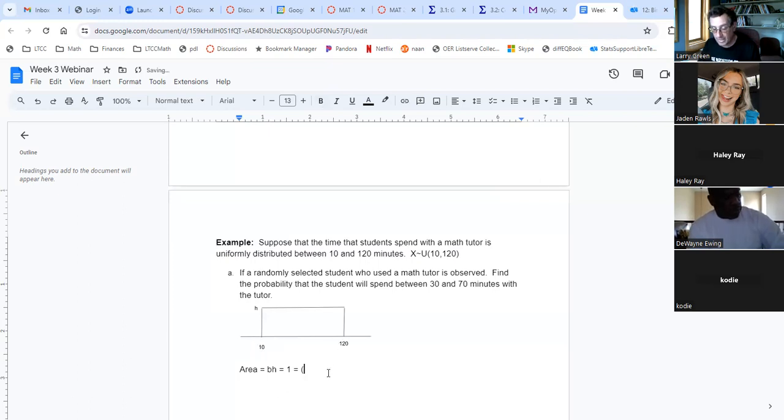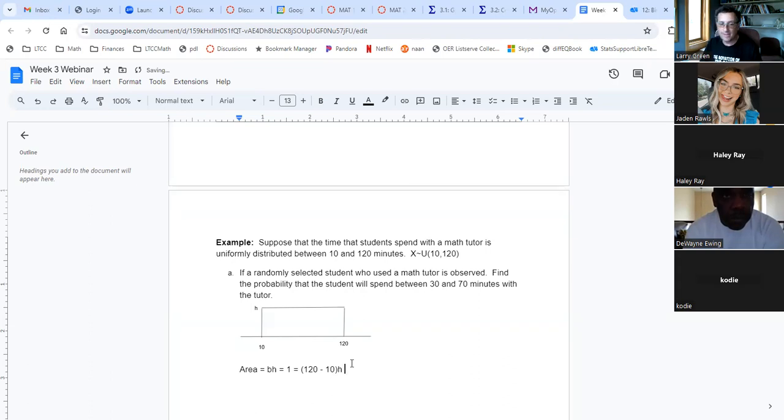So we're going to take 120 minus 10. Because if you go from the 10-minute mark to the 120-minute mark, that's a length of 110 minutes, times the height, which is h.